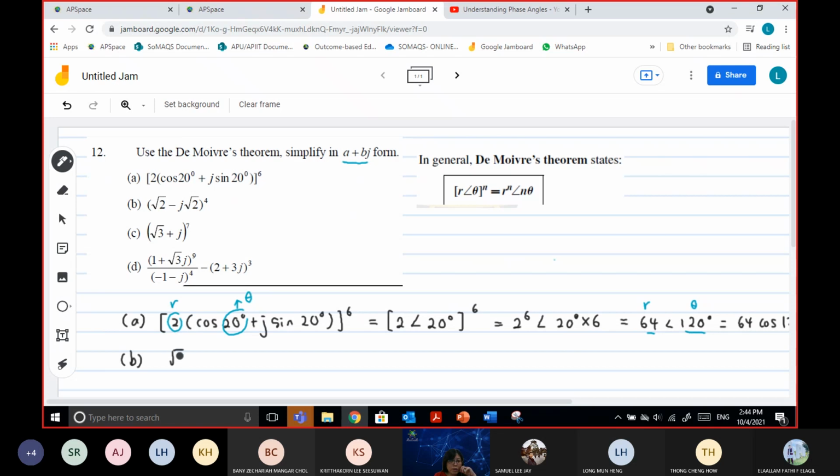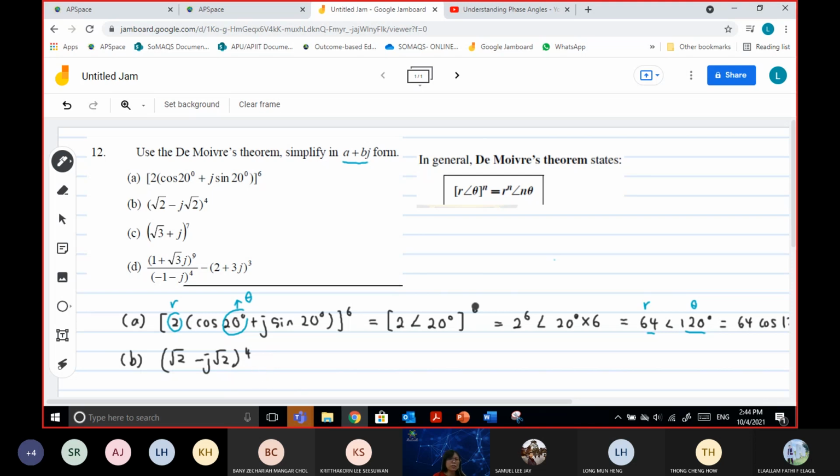For the second one, we have square root of 2 minus j square root of 2, to the power of 4. This one is in the Cartesian form, but unfortunately we need to evaluate the power of 4. By using de Moivre's theorem, we need to change it back to the polar form.